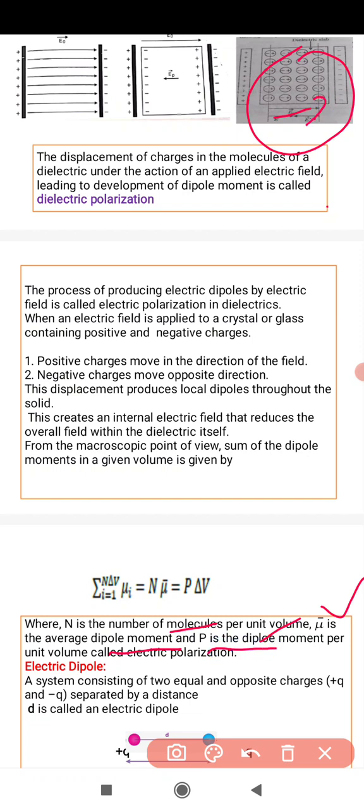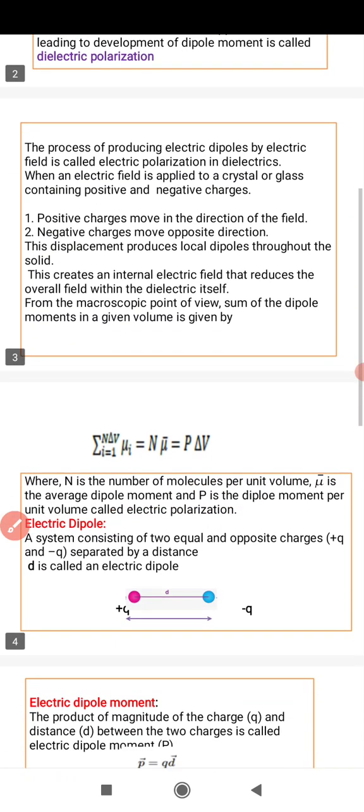Now P is the dipole moment per unit volume, which is called the electric polarization.